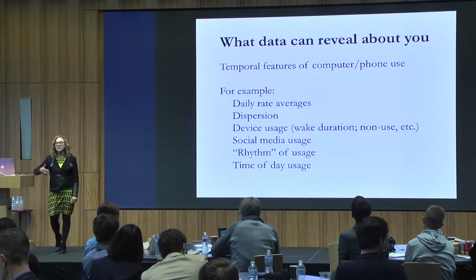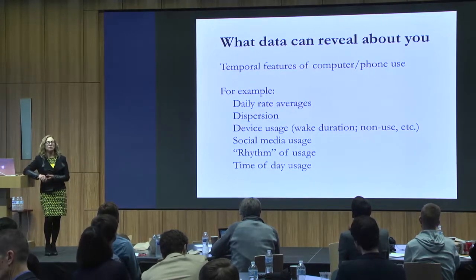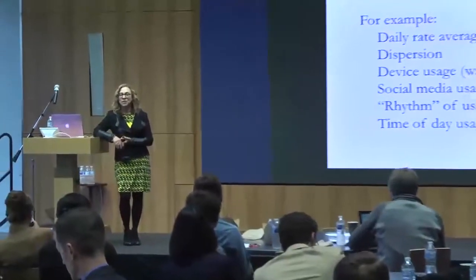So I wanted to start off by giving an example of what your data can reveal about you. So if we just look at people's computer and phone use, and we just look at temporal features, we're not looking at content, we're not looking at any other information, but examples of temporal features are things like people's daily rate averages, how long they're on the phone or computer, the dispersion.